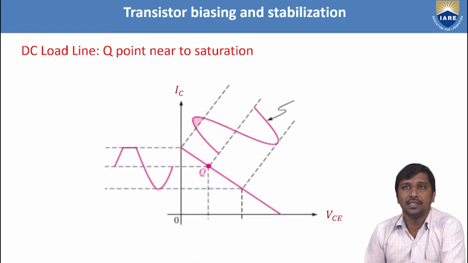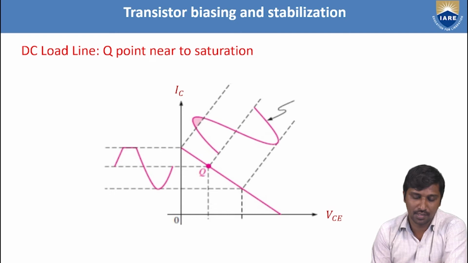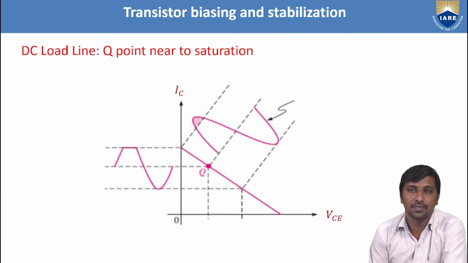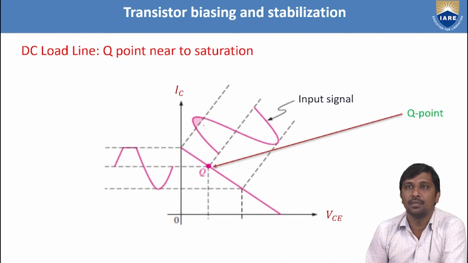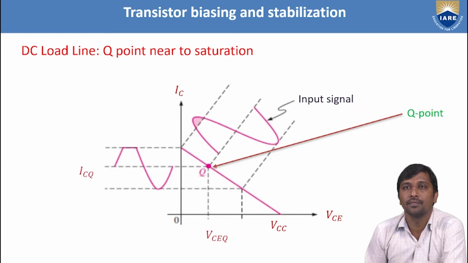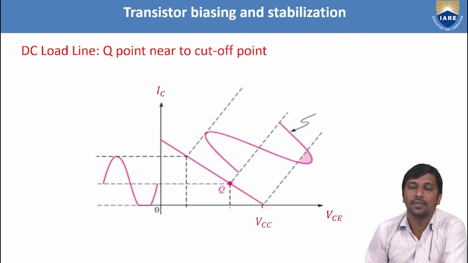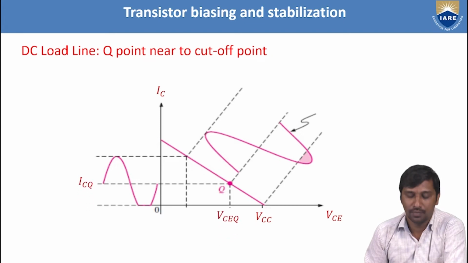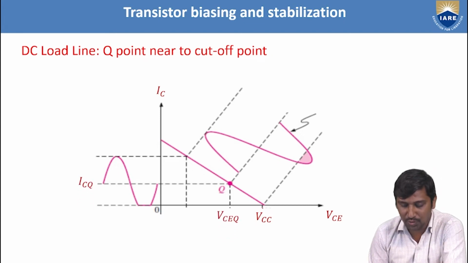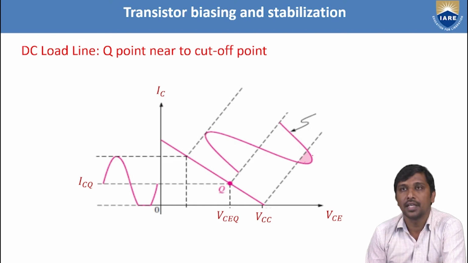Now we'll see what happens if the Q point is shifted to the saturation region. If the Q point is shifted to the saturation region, then it loses some amount of the given signal. Similarly, if the Q point is located nearer to the cutoff point, so now I'm shifting the Q point towards the cutoff point, then also it loses some amount of the given input signal.